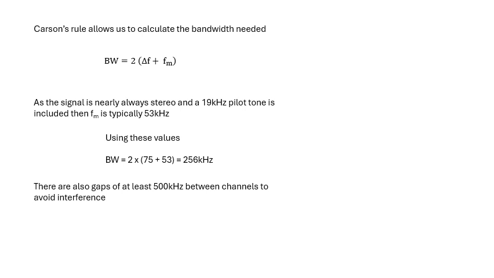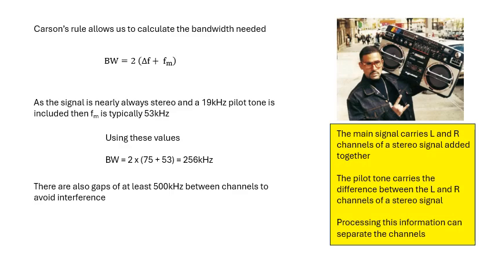Now, bear in mind that the signal is always stereo, and you have something called a pilot tone added as well. What's the pilot tone? Well, you don't really need to know this, but I'm not just going to chuck this word there without any explanation. The main signal, you've got your left and right channels actually added together. And the pilot tone carries the difference between the left and right channels.